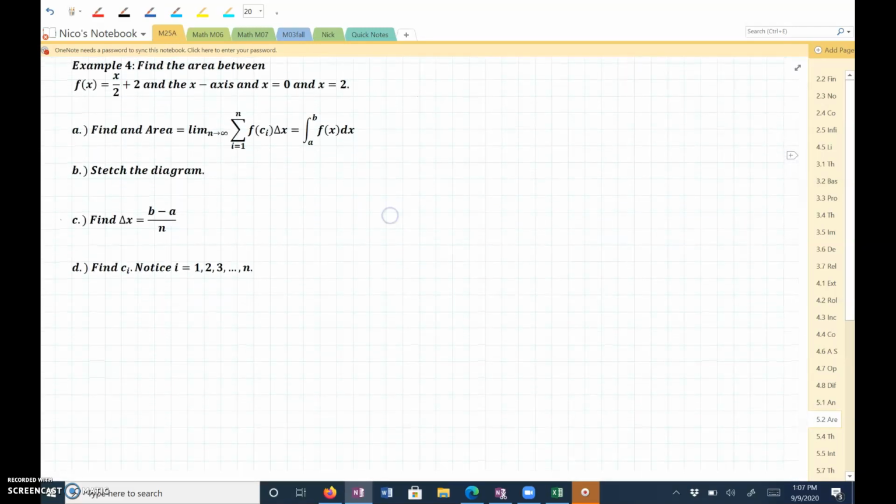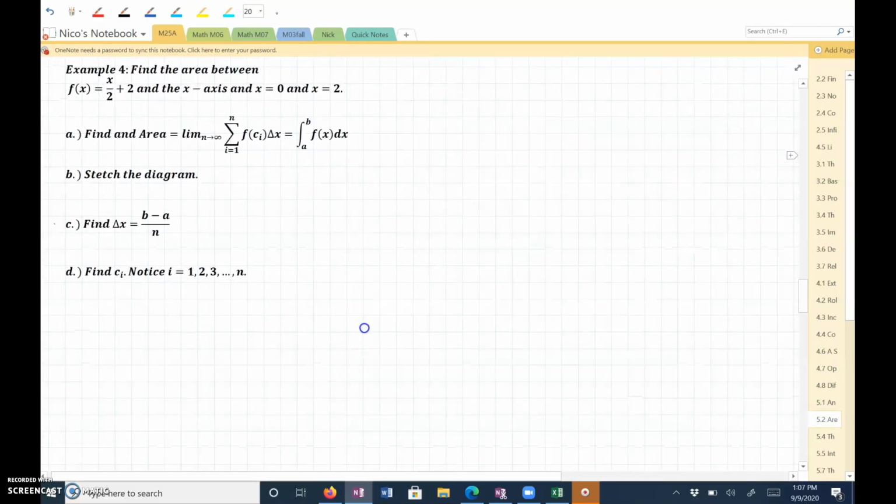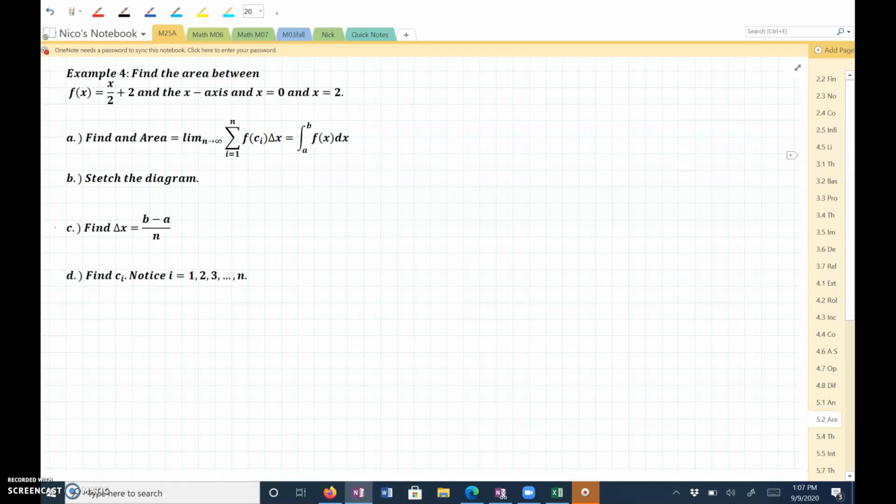So let's look at example 4. We're going to find the area between f of x equals x over 2 plus 2 and the x-axis, and x equals 0 and x equals 2. So let's go ahead and draw our graph so we can see what we've got here.